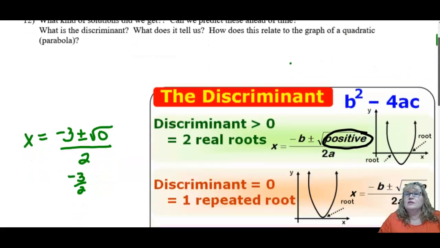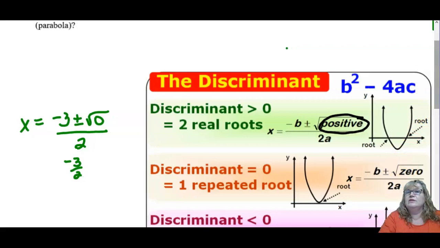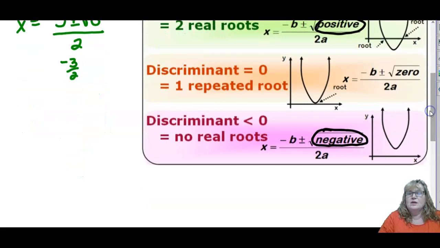But when what's underneath the radical here, I'm having so much trouble with this slider. There we go. What's underneath the radical is simply a 0. Plus or minus 0 doesn't do anything, so we wind up with one solution, one x-intercept, and only one solution.